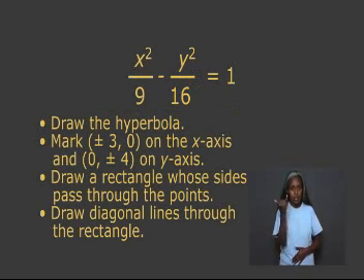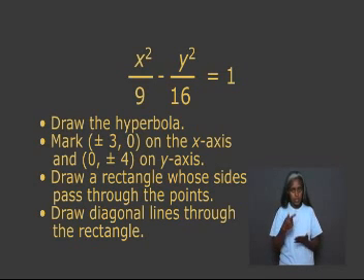Draw the graph of this hyperbola, marking the points with coordinates plus or minus 3, 0 on the x-axis and the coordinates 0, plus or minus 4 on the y-axis.